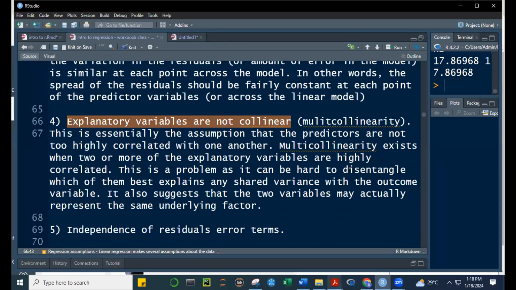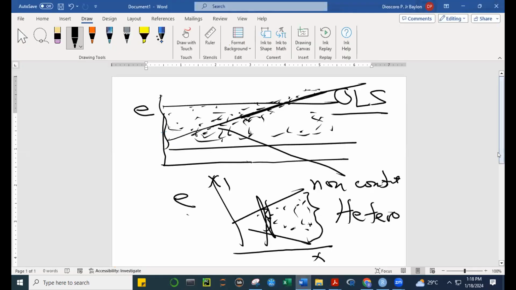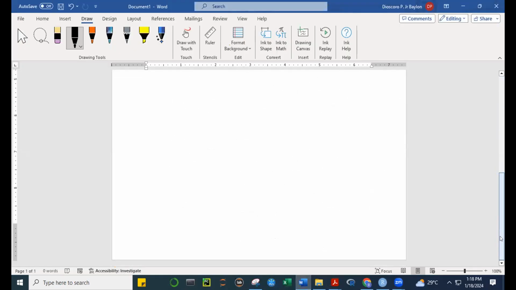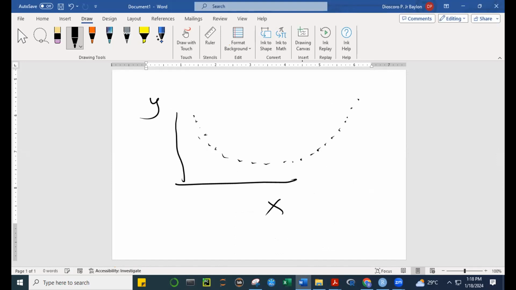Because there's no point, for example, if we plot X and Y, this is your X, this is your Y, and it behaves this way, parabolic, then we cannot say that there's linear dependence between Y and X. Kasi hindi naman linear to. In fact, pag nag-create tayo ng linear model, it will look like this.